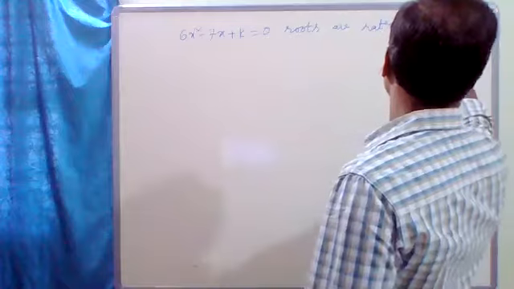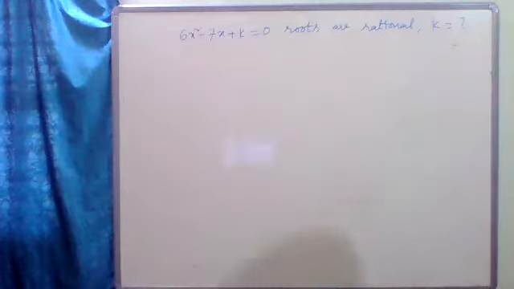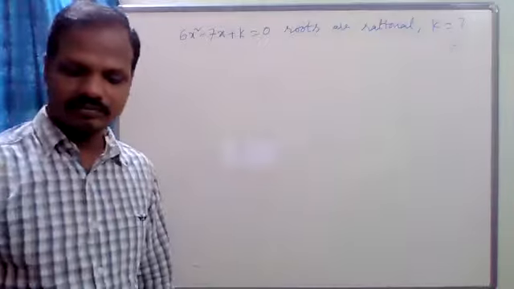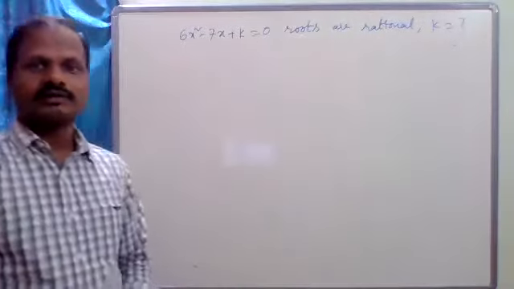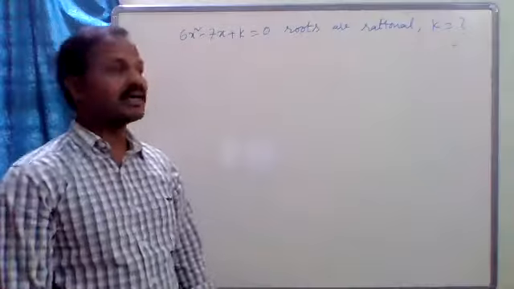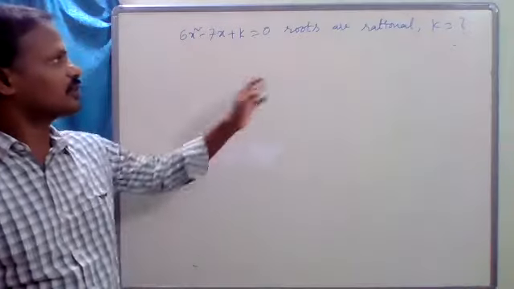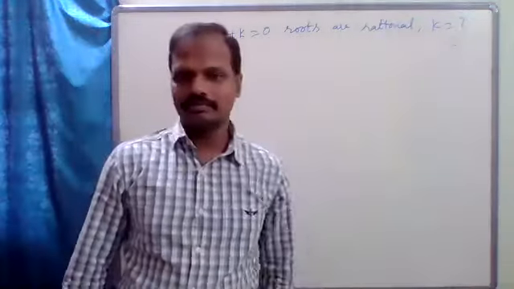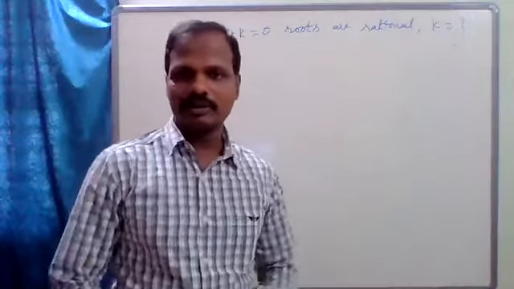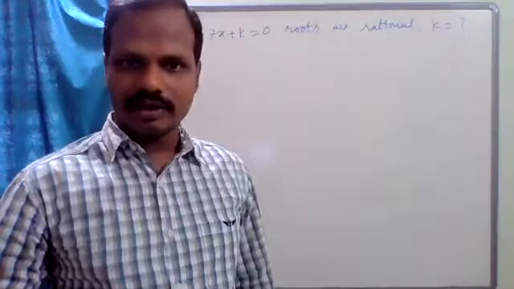Then what is the value of k? Is it clear? The roots of 6x² minus 7x plus k equal 0 are rational. Then what about the k value?